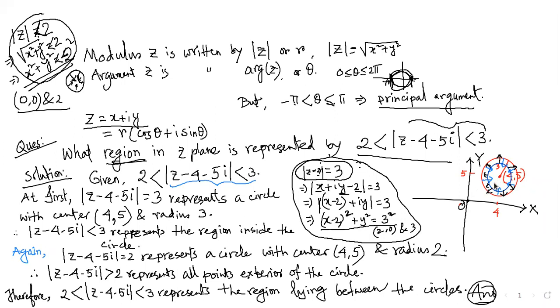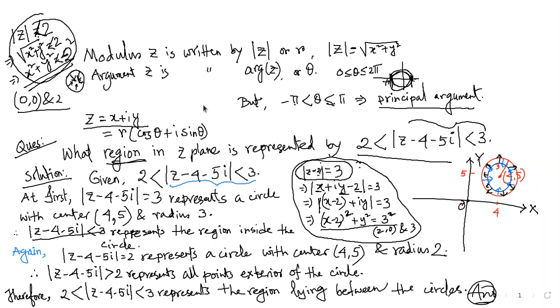Sir, in the exam do they ask us to draw the circle? Of course, this is 50% marks or 30 to 50% marks. Sir, there was a question, z minus 4 minus 5i greater than 2 less than 3, so how do we write the equal at first? At first we take an assumption, we take this equal for our simplicity, for our understanding, but ultimately we can take this one less than and greater than.